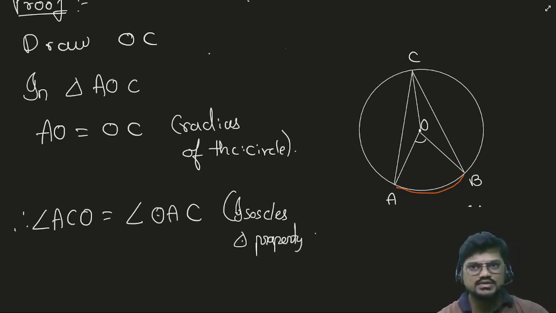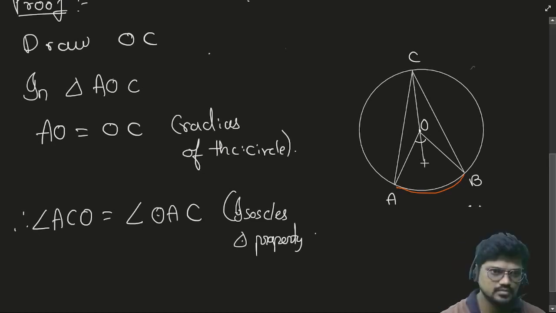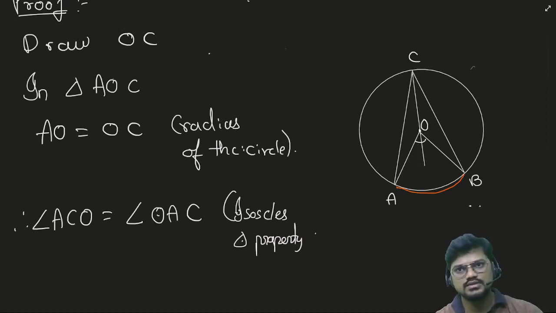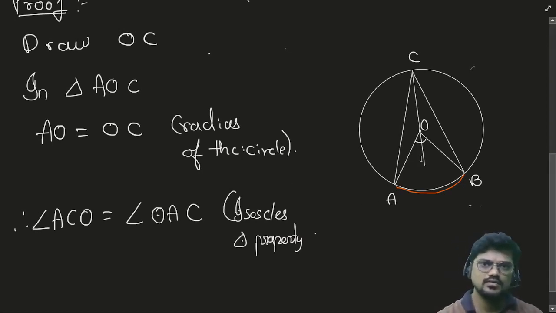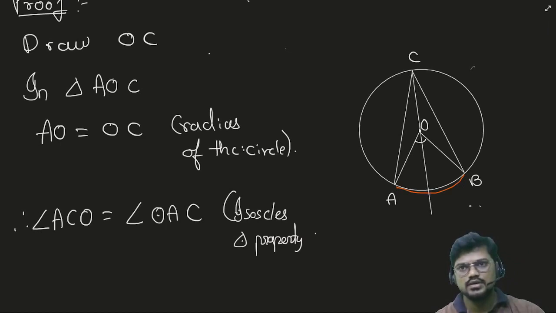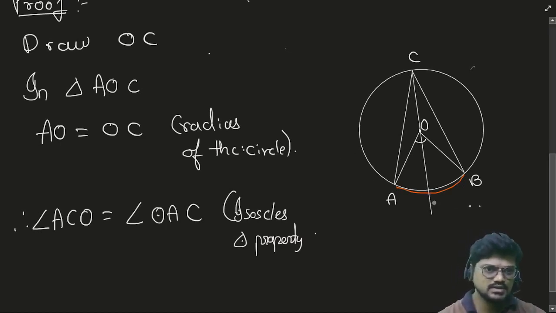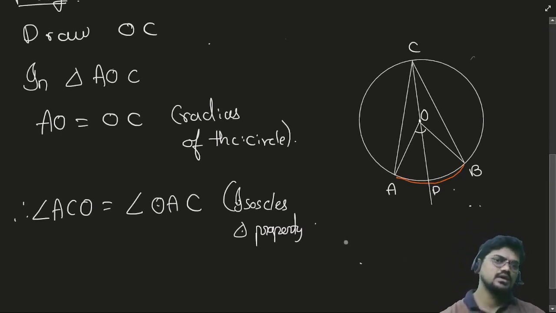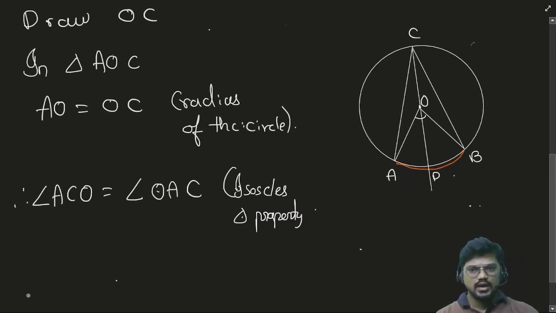Also, if I extend this line like this, up to here, let's say this is A, B, C, and let's say this as D. Angle AOD will be equal to what?